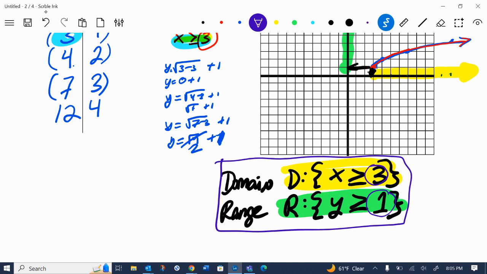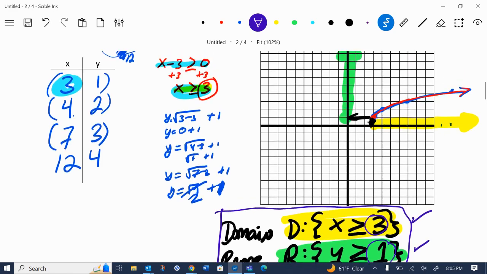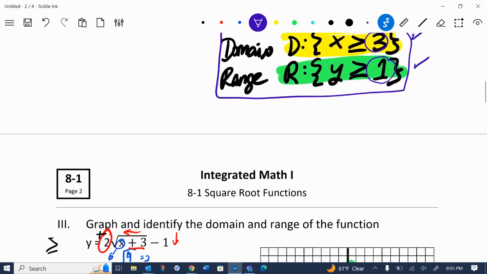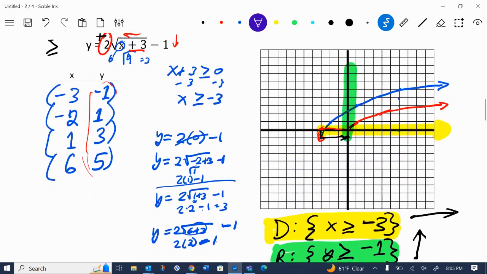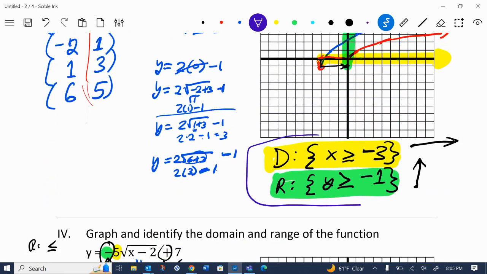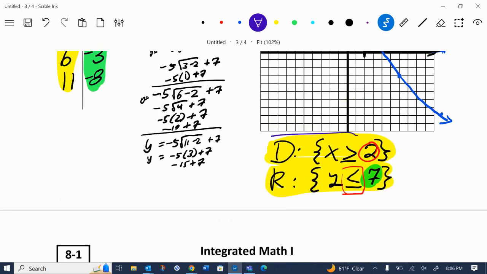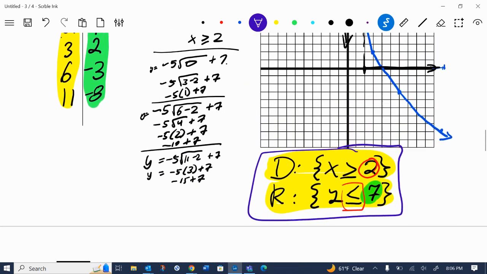It's only possible for x's that are greater than or equal to 3 on this one, and y's that are greater than or equal to 1. So those are the only ones possible. We did that for each one of these. So you see 4 examples of domain and range, so you could find those if you needed to.